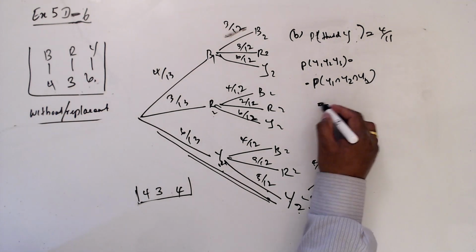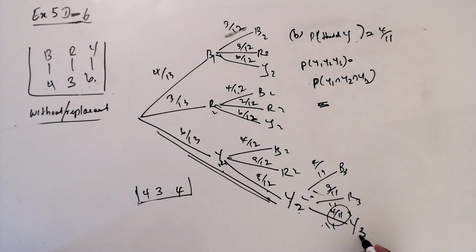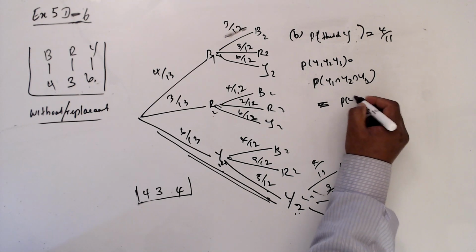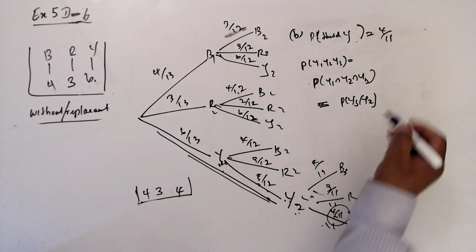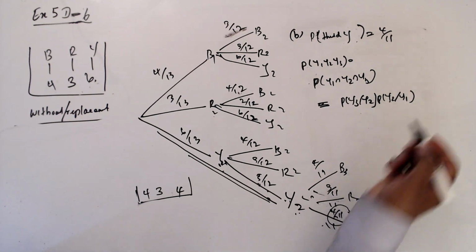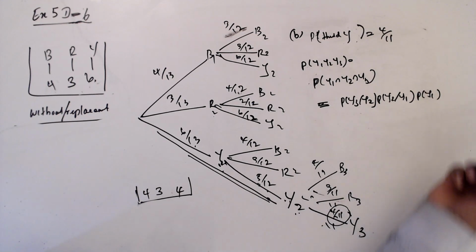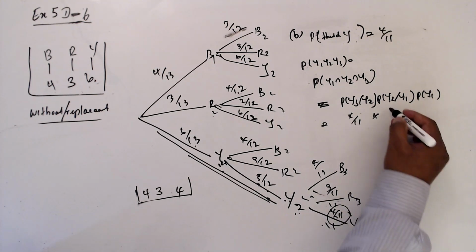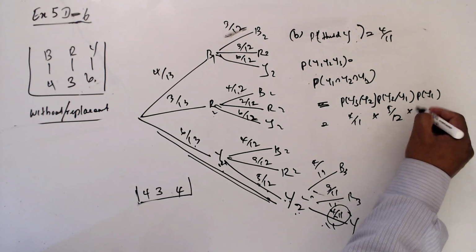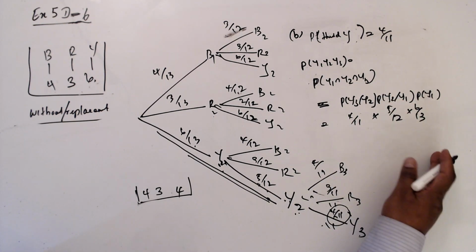So then this is equal to probability of y3 given y2, then probability of y2 given y1, and probability of y1. So this is 4 over 11, 5 over 12, and 6 over 13. There is no such question, just for your information.